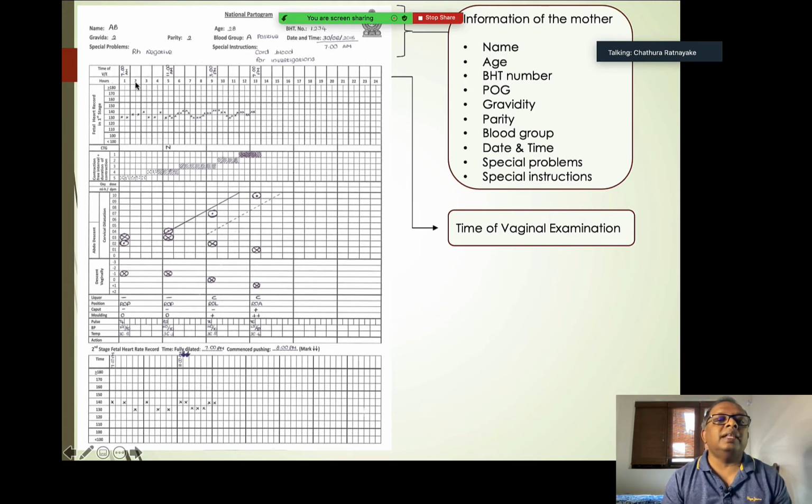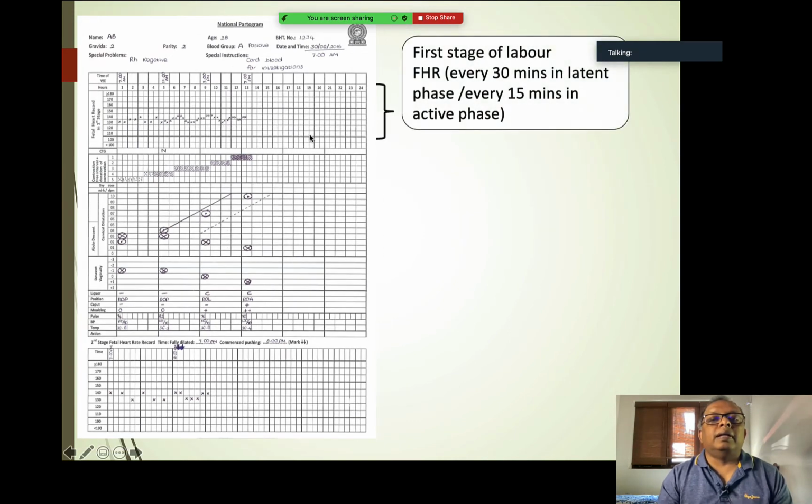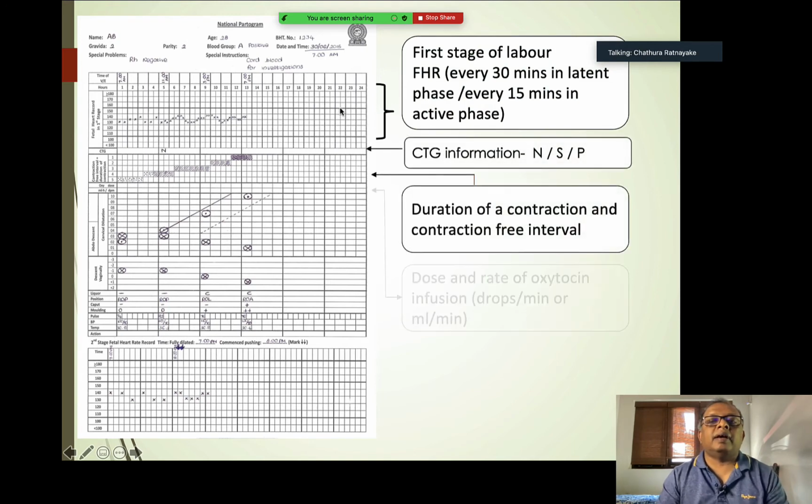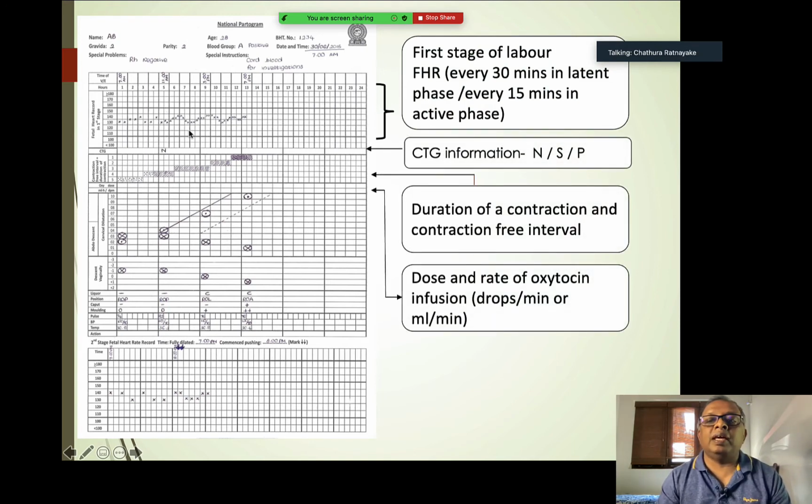You can see that the hours are from the admission and not more than 24 hours. And then the next portion tells us about the stage of the labor, and during this period, depending on whether it is first stage or second stage, you mark the fetal heart rate.